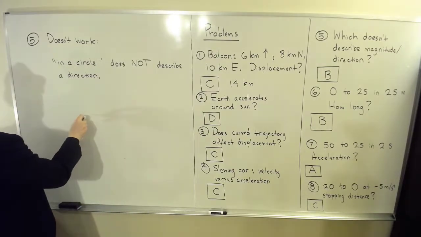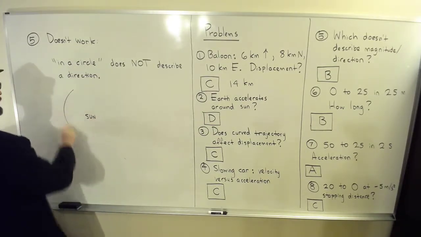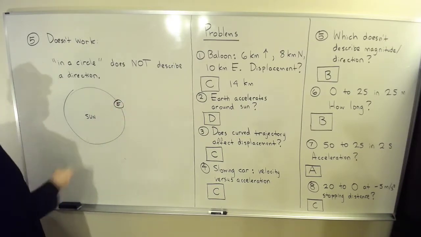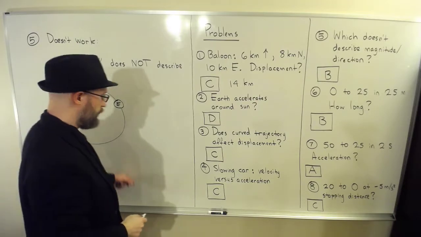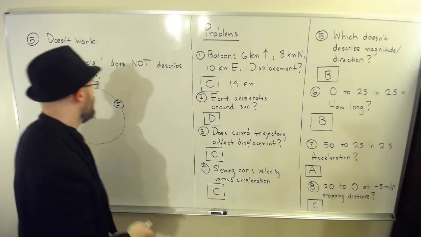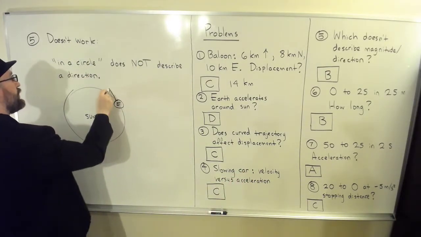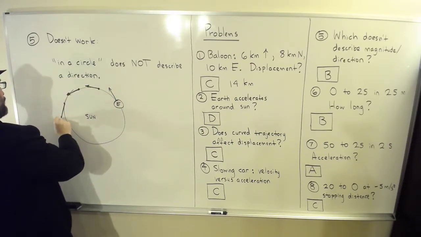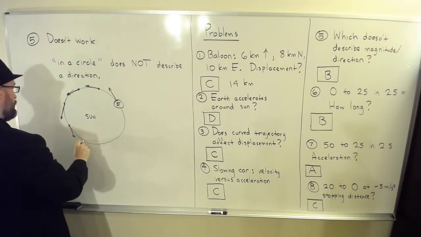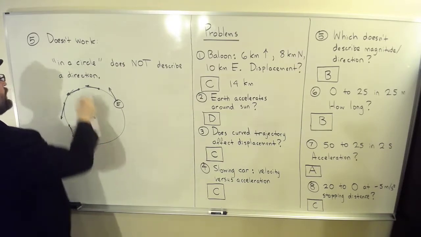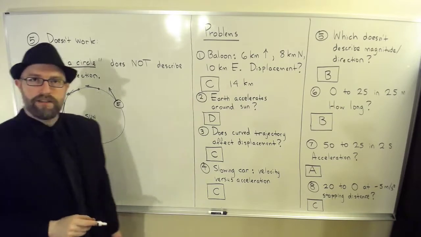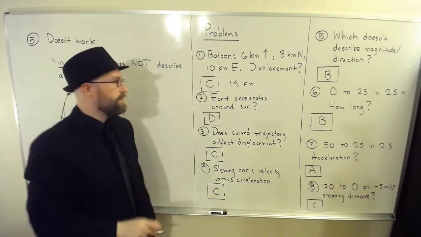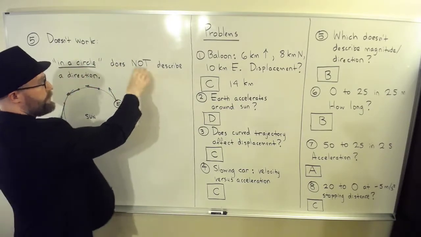Remember when we were talking about the one with the sun, where we had the sun and then we had the earth moving around the sun? Well, it's moving in approximately a circular orbit, really more like an elliptical orbit. But I was telling you, well, the direction changes. It's not just one direction, it's different directions at different times. So in a circle is not a direction. It's a bunch of different directions at different times. So that would not be a magnitude and direction.